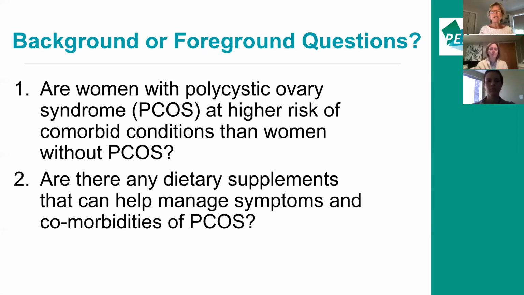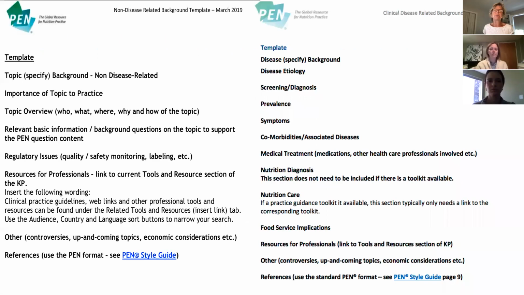Not that background questions are less important, but we put them in a different place in Penn. So we have background content for each topic, and these templates are the general headings that we would use to put background information. On the left side of your screen, you're seeing a non-disease related template.